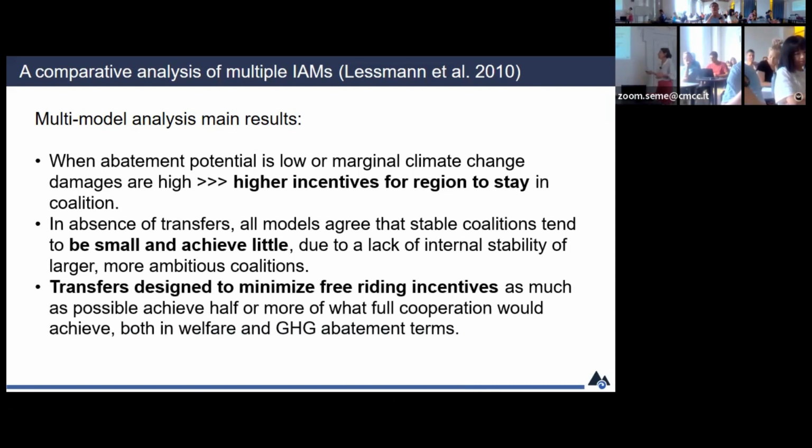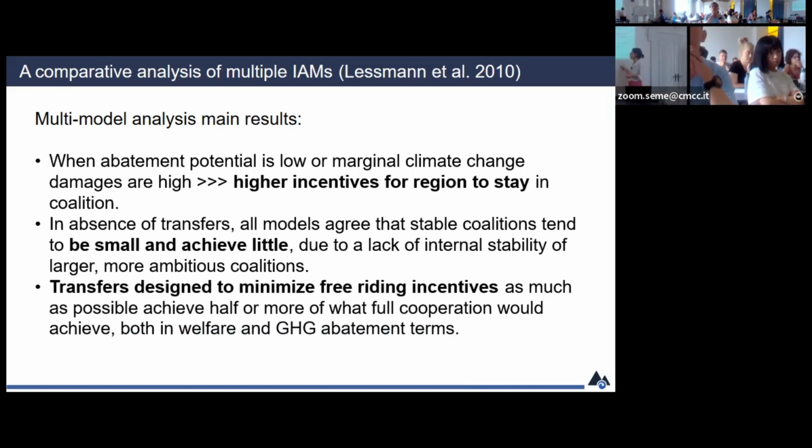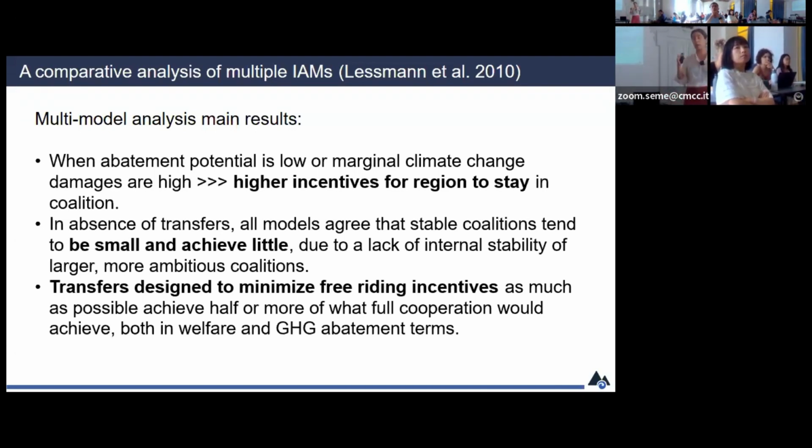You can obtain stable coalitions that do at least half of what you can do with the Grand Coalition. Let me restate that. With the Grand Coalition, you can basically bring down emissions substantially. Now, the Grand Coalition is almost never stable, never seen in any of these runs ever.